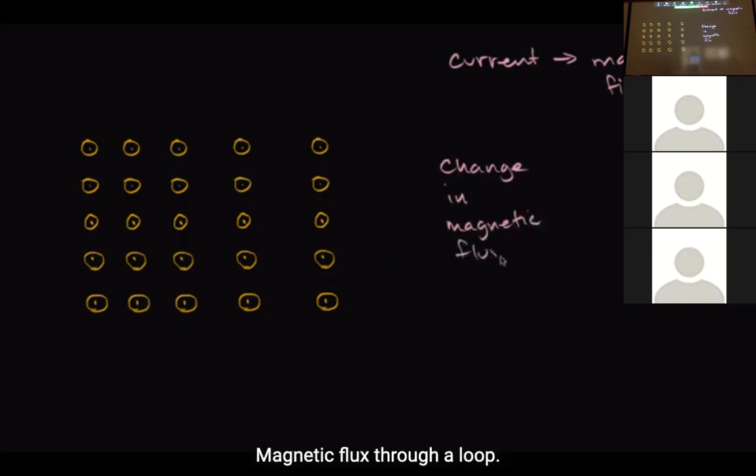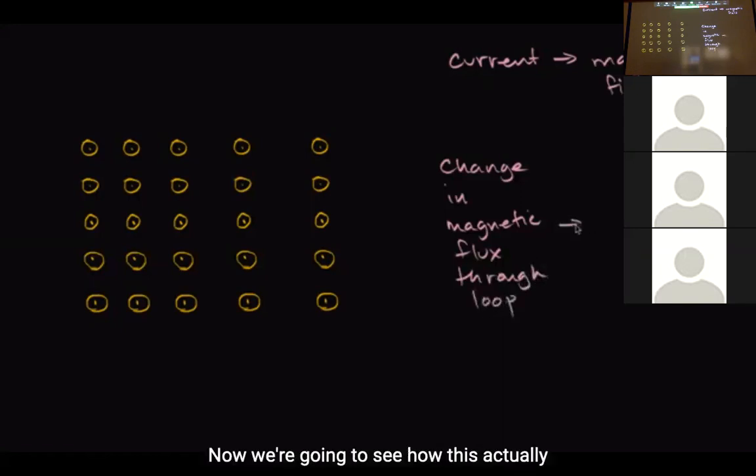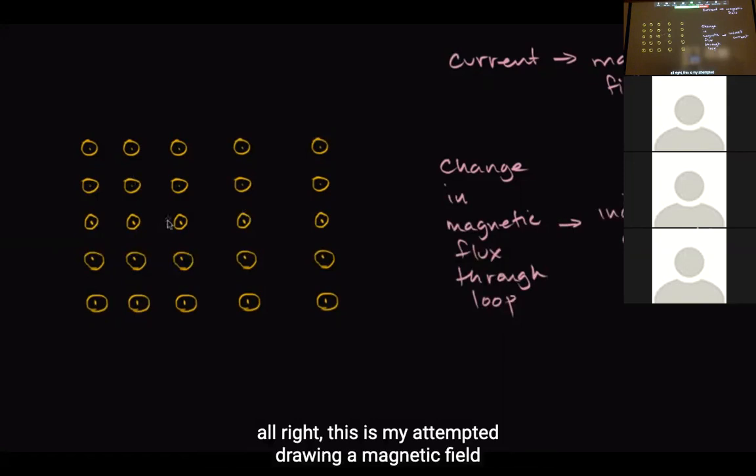Magnetic flux through a loop. And we're going to see how this actually induces a current in them. So it induces a current, induced current.